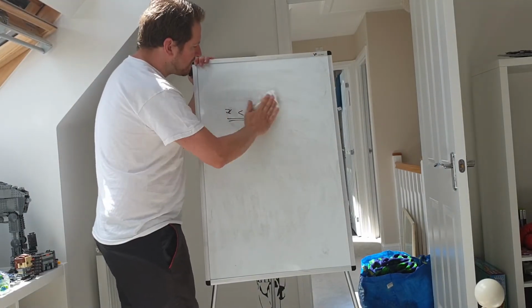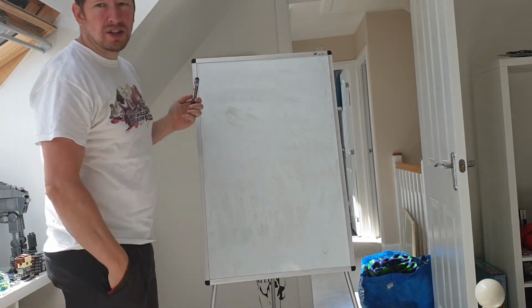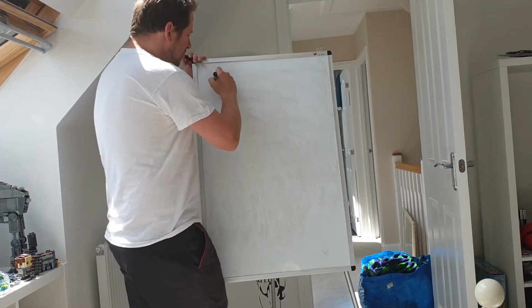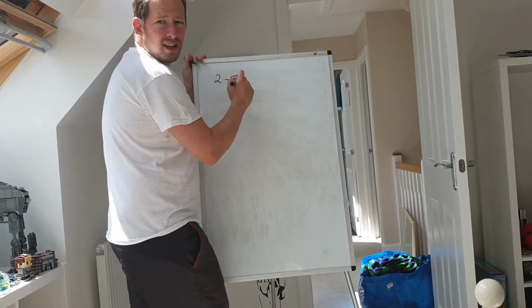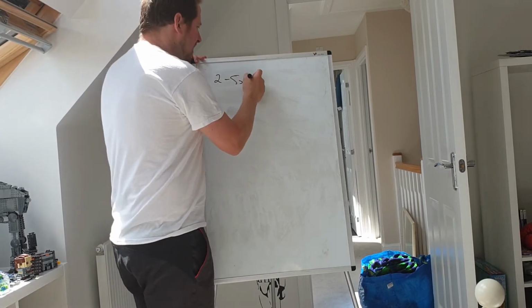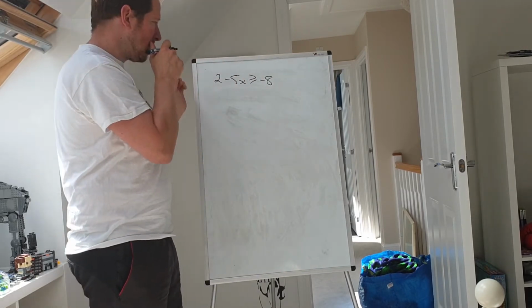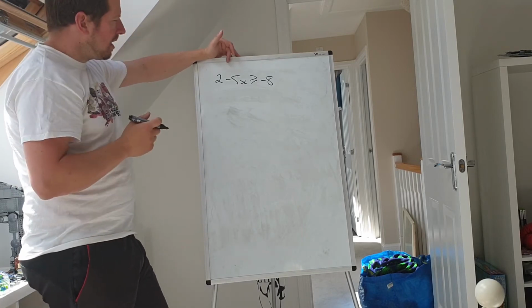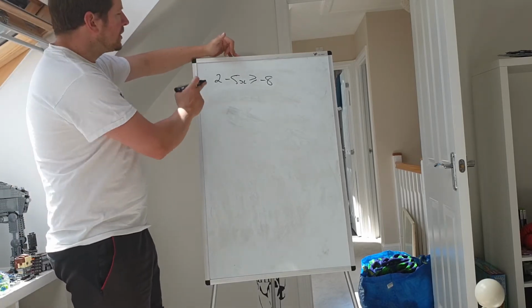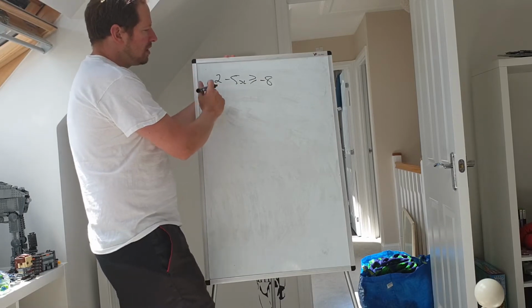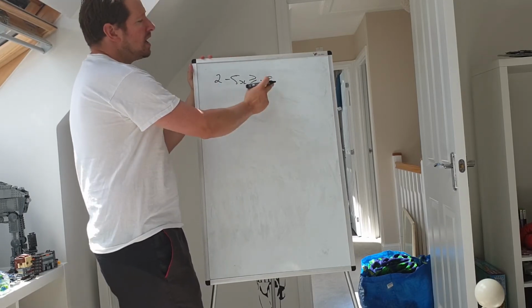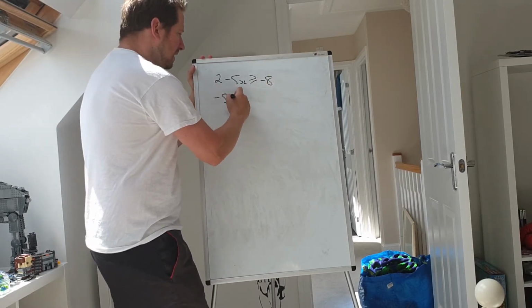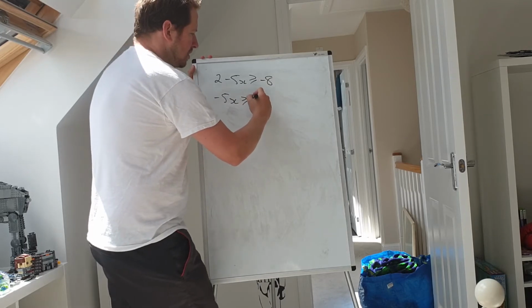Right, okay, so things that you need to know which aren't necessarily quite so obvious. If we've got 2 minus 5x is greater than or equal to minus 8, it's up to you what you do with this one. I'm going to do it two ways. First of all, I'm going to get rid of this 2. If I take away 2 from each side, we've got minus 5x is greater than or equal to minus 10.